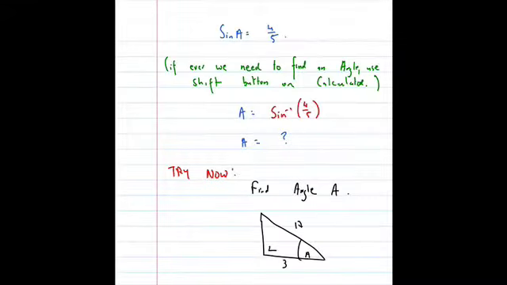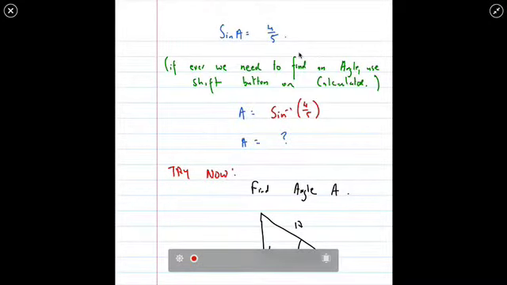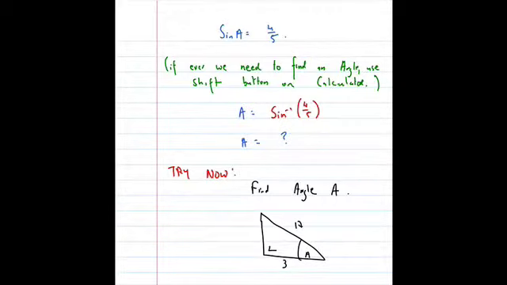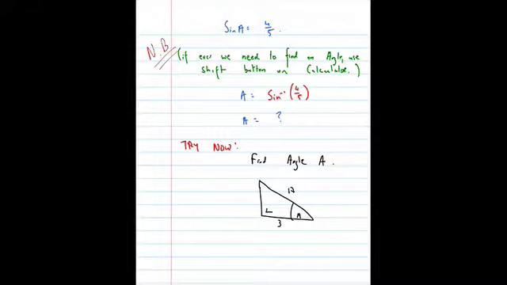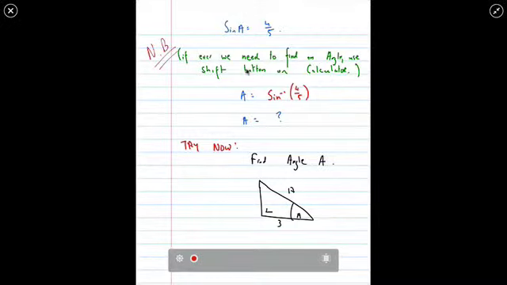What am I looking for here? I'm looking for the angle. Put an NB beside this: if I'm ever looking for an angle, I use the shift button on the calculator, shift sine. It's called the inverse sine. I only use it when I'm looking for an angle.